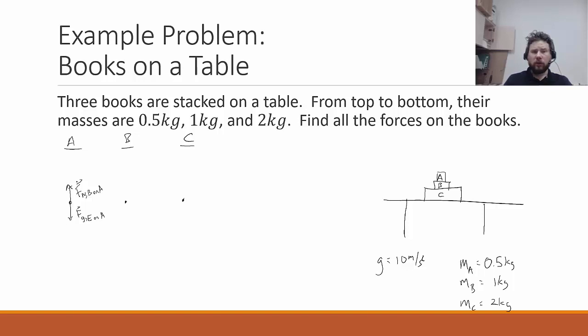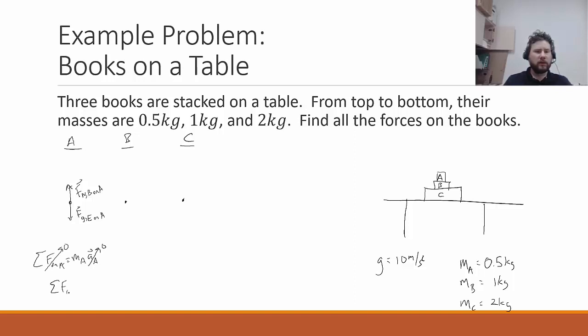Newton's second law will tell us about the combined effect of all forces, the net force, and it says that the net force on A is the mass of A times acceleration of A. Now, these are just stacked on a table, sitting in a room. The velocities aren't changing, so therefore, their acceleration is 0. And therefore, the net force is 0.